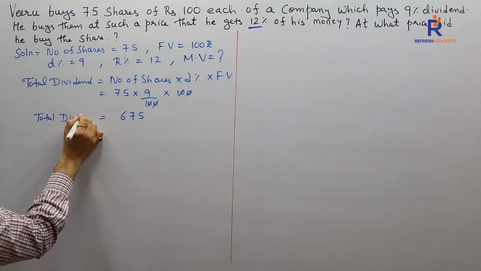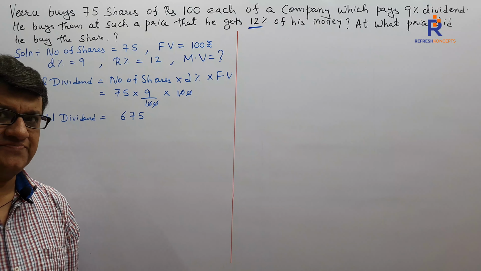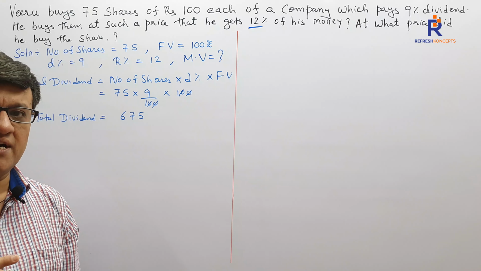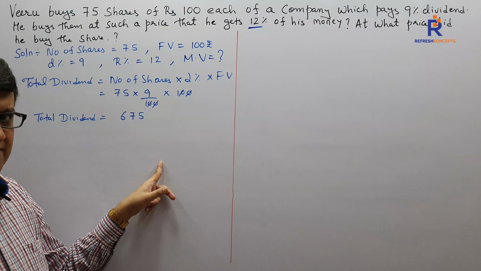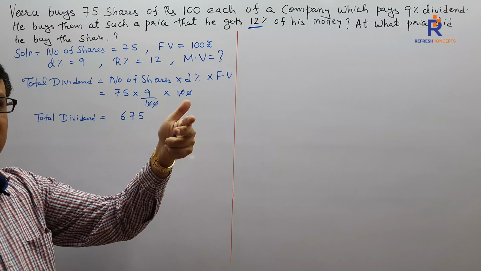Now I want to find out what is the total investment on all the shares. Do I have dividend? Yes. Dividend upon amount invested into 100 will give me the rate of return. What is rate of return? Income.